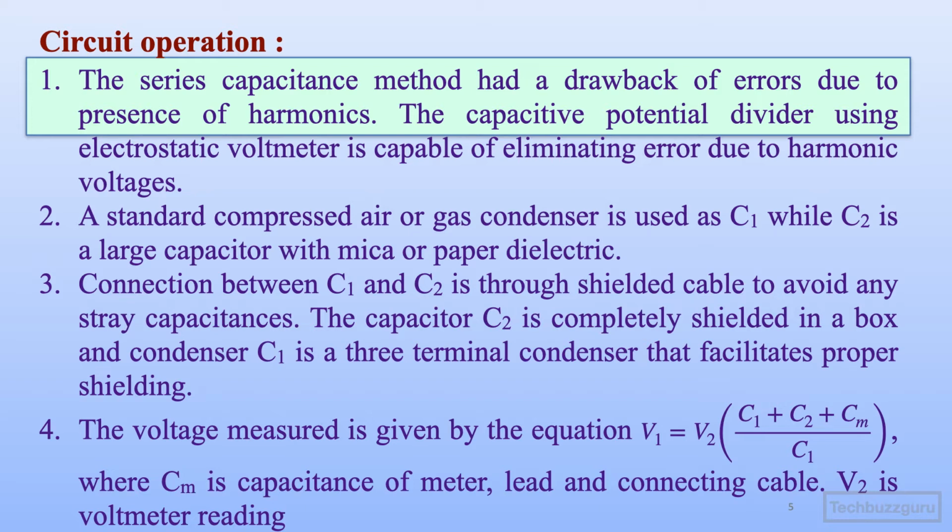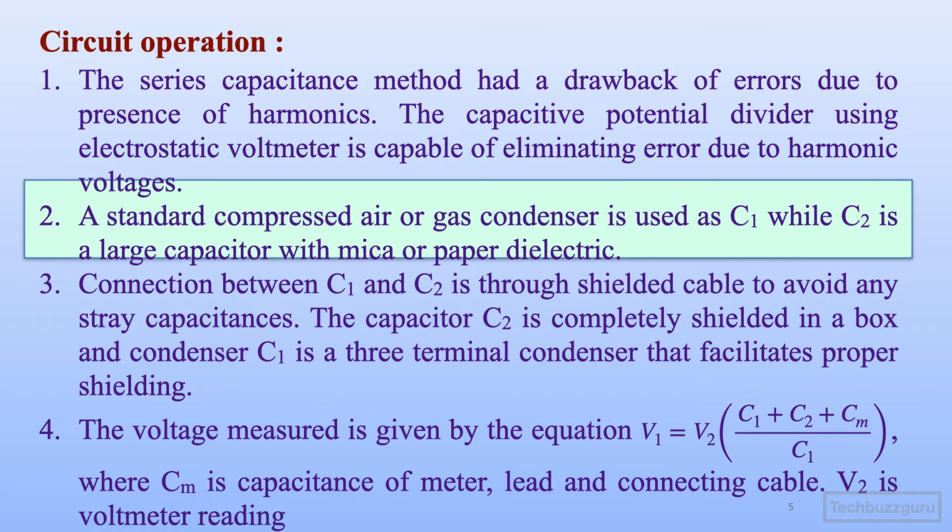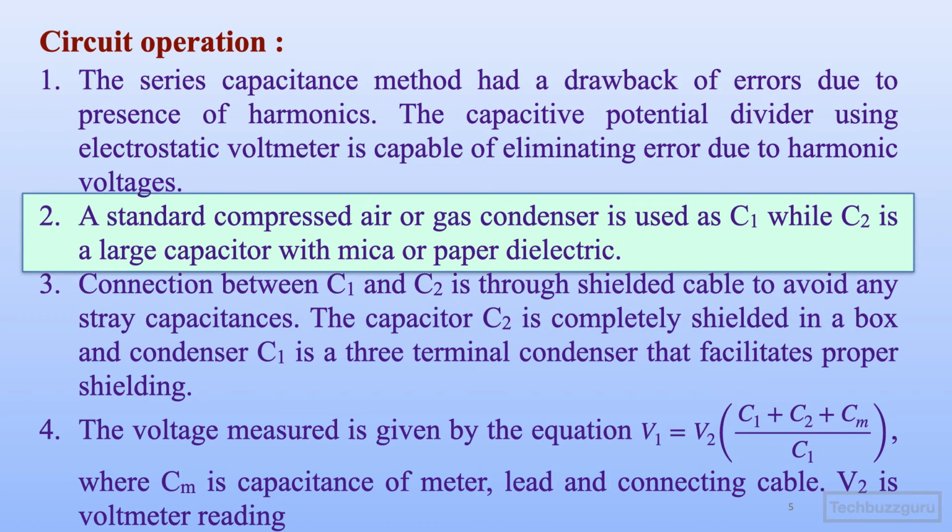So the capacitance potential divider using an electrostatic voltmeter is used for eliminating such errors due to harmonic voltages. Capacitor C1 is a standard compressed air or gas condenser, and it's a high voltage capacitor, while capacitor C2 is a low voltage capacitor, and it is generally made with a mica or paper dielectric. It's a low voltage condenser.